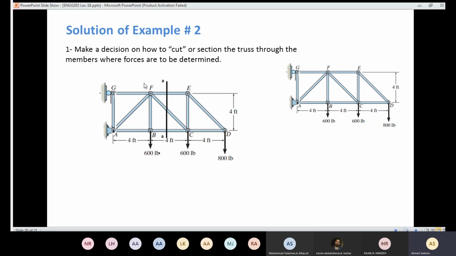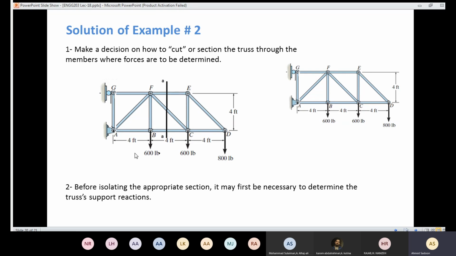Then we are going to have a left part and a right part. Then we need to decide whether we need to determine the support reactions or not. If I take the left part here, I need to know the support reactions. If I take the right part, in that case, I don't need to determine the support reactions.